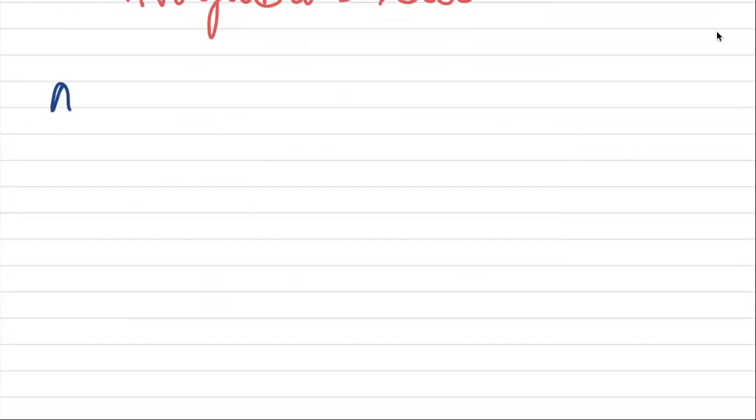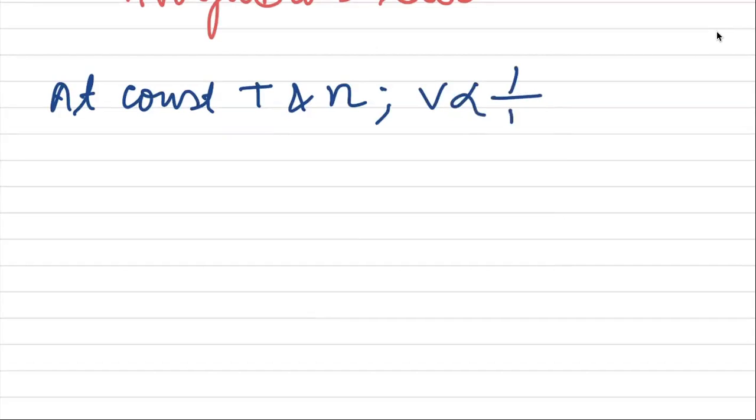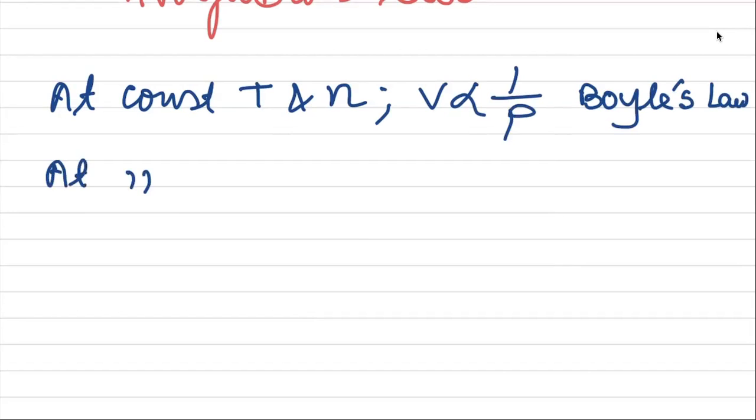At constant temperature and when the amount is also constant, V is proportional to 1 by P. It is known as Boyle's law. At constant pressure and when the amount is constant, we can say V is proportional to T. It is Charles' law.